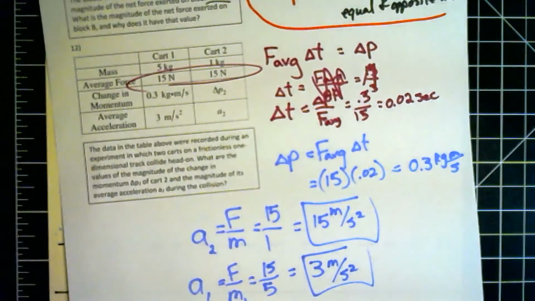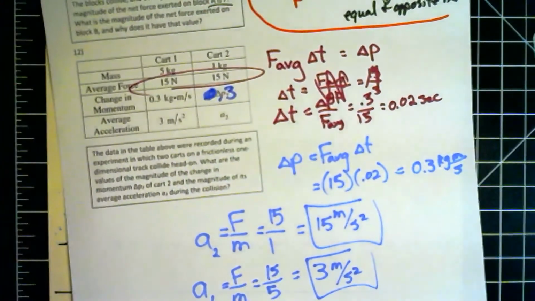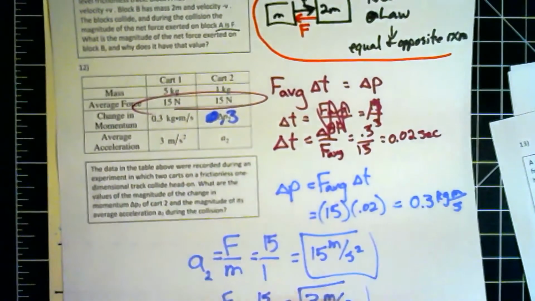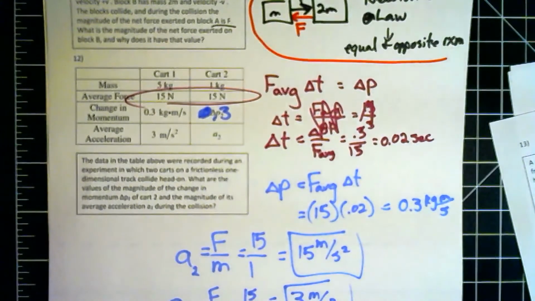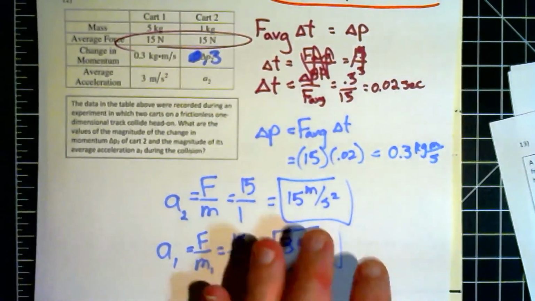This one right here was 0.3, same value both times. So remember that. In any kind of interaction or collision, there's always the same change in momentum for both objects. It's just the end result, the accelerations or velocities, that are going to be different.